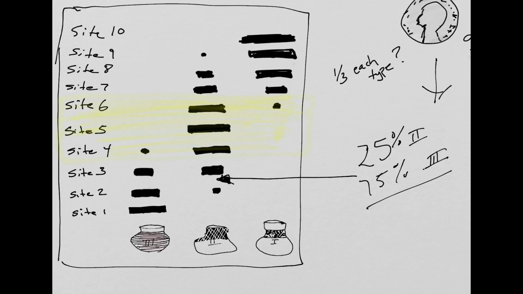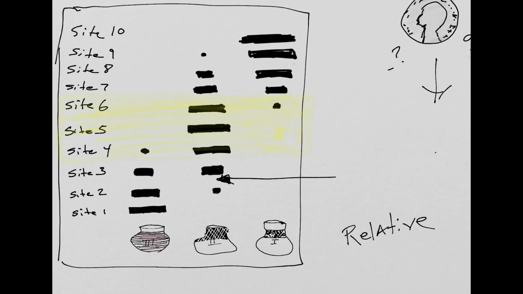So really all you can say is that it's not a recent site, it's not an old site, it's a site somewhere in the middle, which is why you call this kind of date relative, right? This is a relative dating mechanism. And you call this entire procedure seriation.